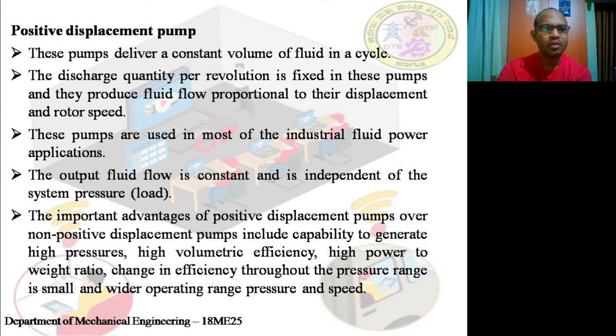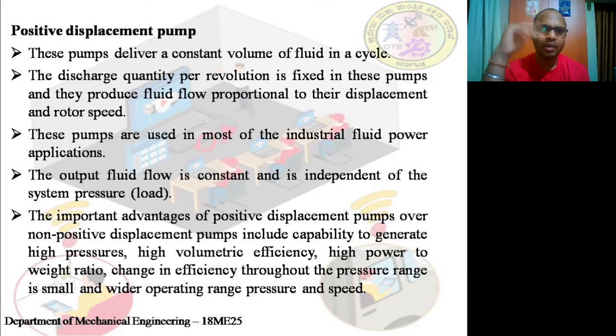These pumps are used in most industrial fluid power applications. The output of fluid flow is constant and is independent of the system pressure, that is, of the variation in the load.